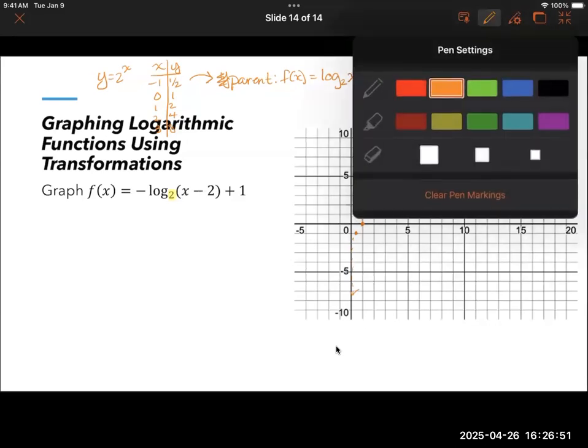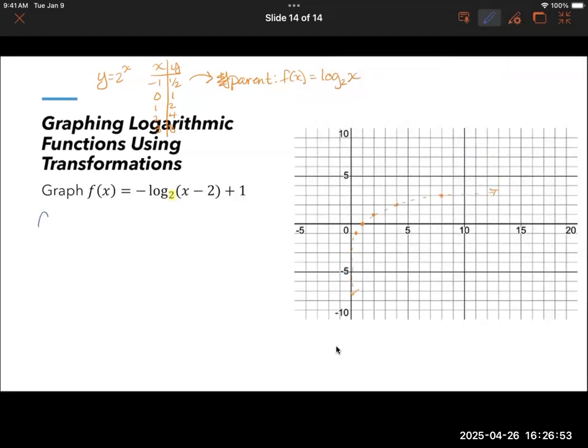And then just like we did with exponentials, I want to identify those a, b, h, and k values to see what effect they're going to have on my graph. So in this case, a is -1, b is just 1, h is 2, k is 1.